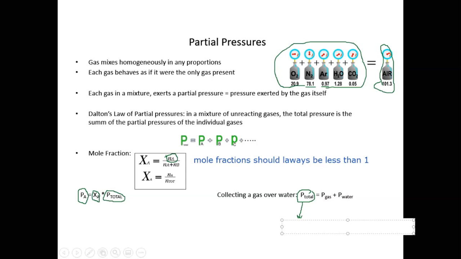A wet gas includes the pressure of the gas, which we call the dry gas, and the vapor pressure of water. So the individual components add up to the whole. Whenever you're collecting a gas over water, you have to subtract out the vapor pressure of water to get the actual pressure of the gas.